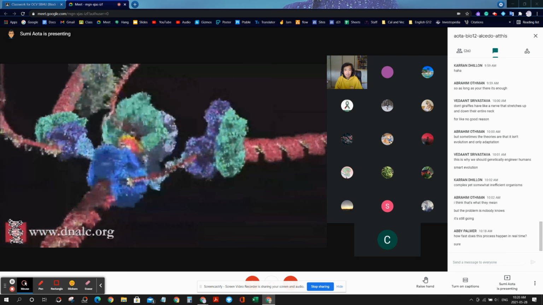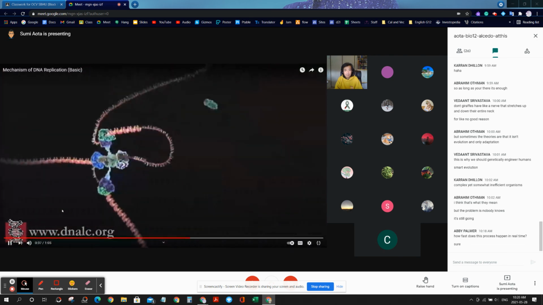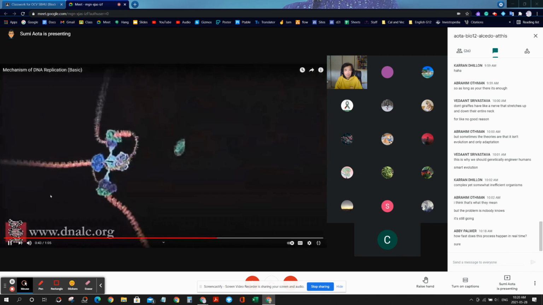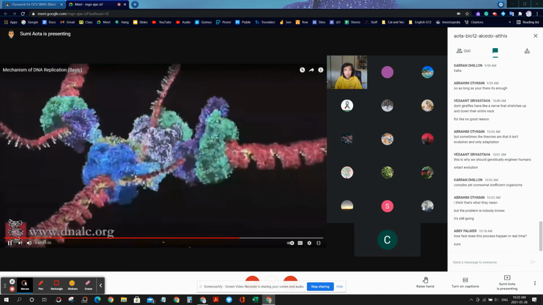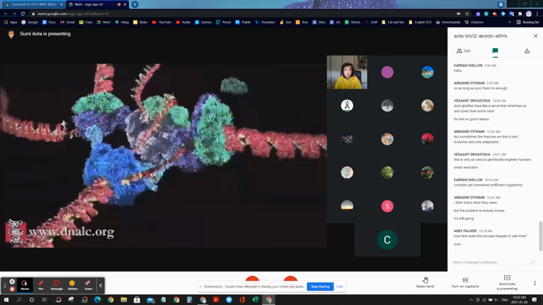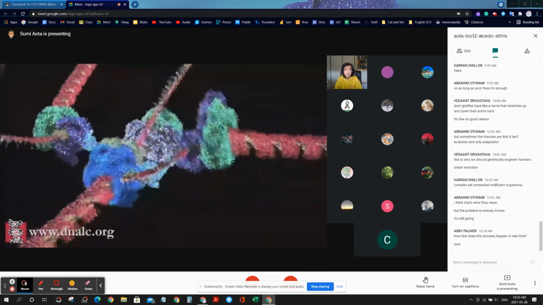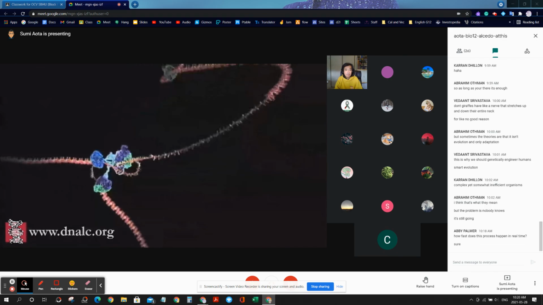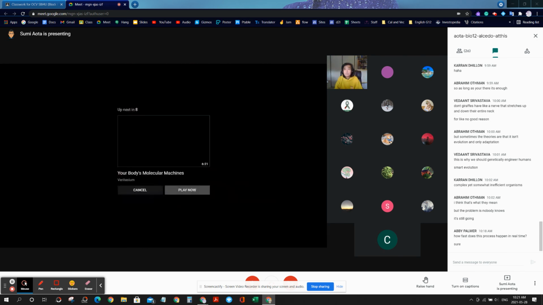It spins the DNA as fast as a jet engine as it unwinds the double helix into two strands. One strand is copied continuously and can be seen spooling off to the right. Things are not so simple for the other strand because it must be copied backwards. It is drawn out repeatedly in loops and copied one section at a time. The end result is two new DNA molecules.